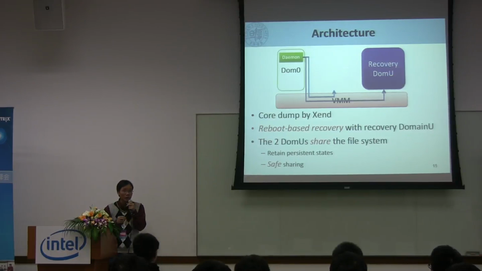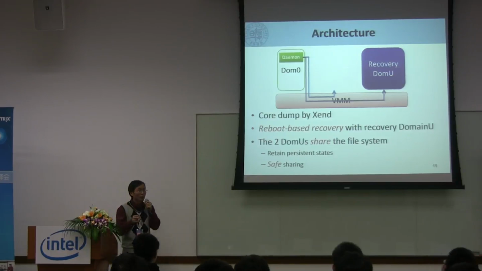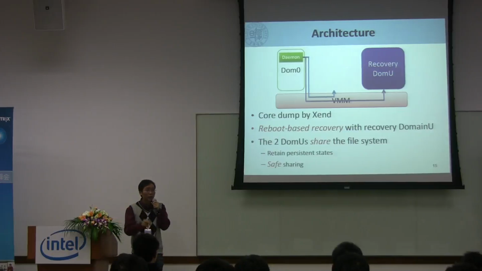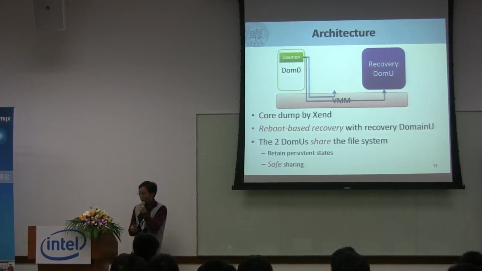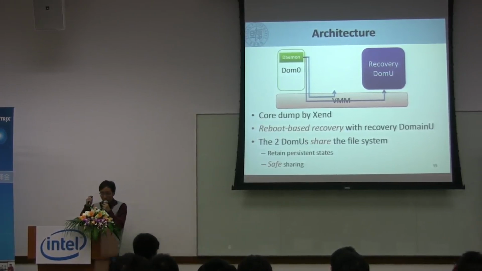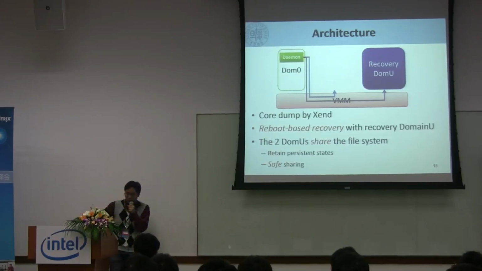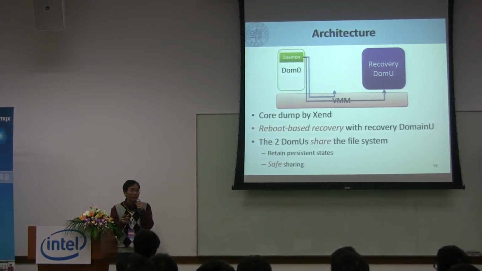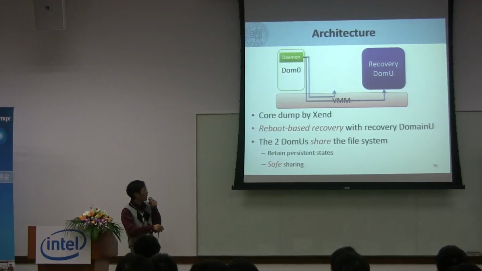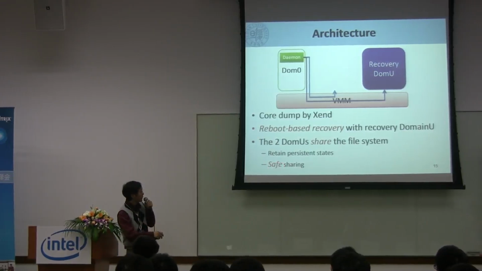This is different from a caching or backup virtual machine approach, where, when the primary virtual machine is down, the backup virtual machine is used to serve the service. We also ensure that only one virtual machine can access the disk image at a time, so that the sharing of the disk image is safe.